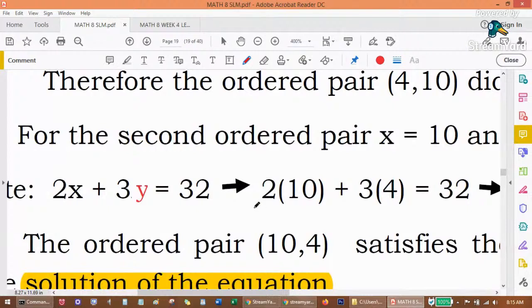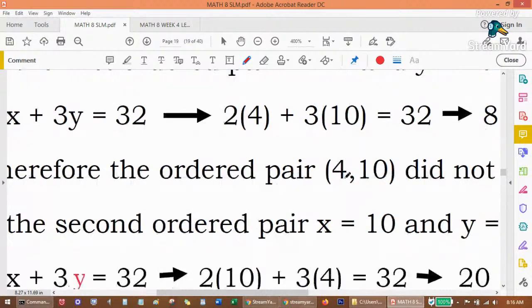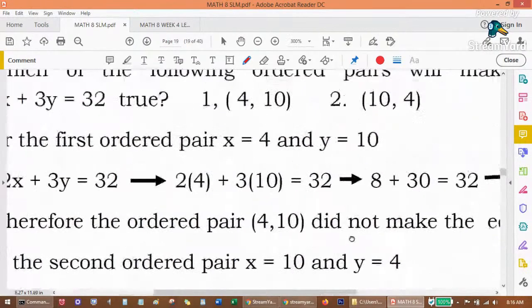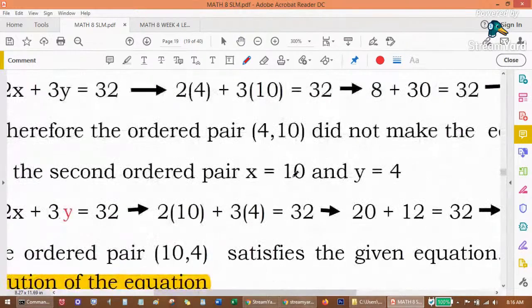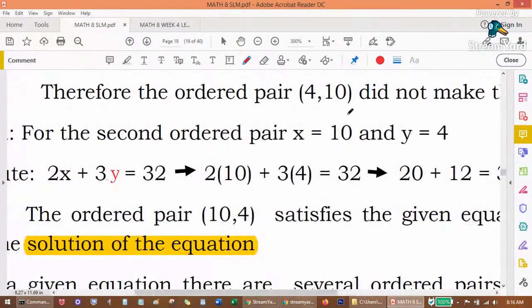So next na gagawin natin is we're going to replace the x coordinate and the y coordinate with ang pinapatest sa atin is x is 10 and y is 4.